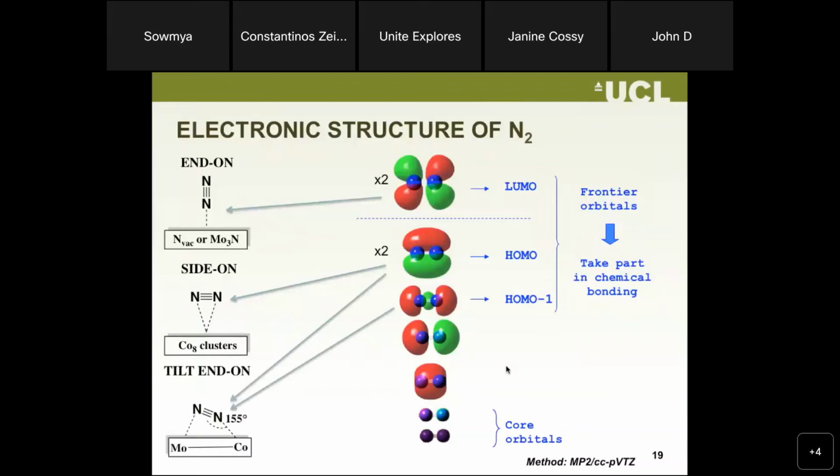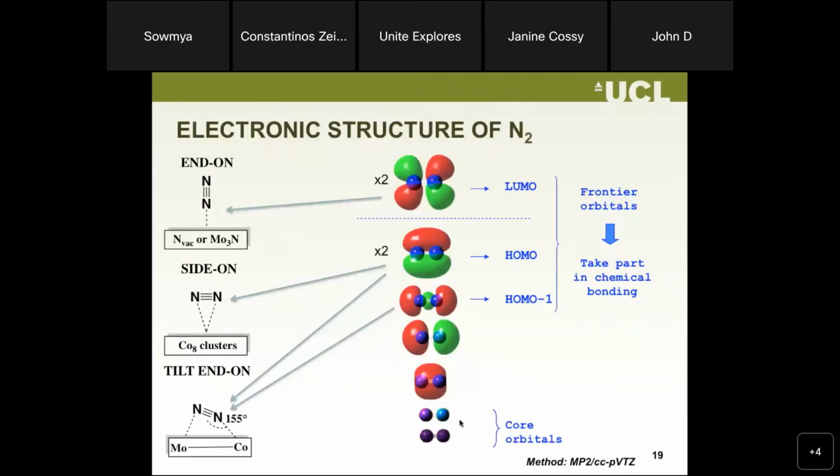And the tilt end-on configuration was due to the simultaneous donation of electron density from the HOMO orbital into the molybdenum atom, and the HOMO-1 orbital, which is like a sigma orbital, donating electron density into the cobalt.